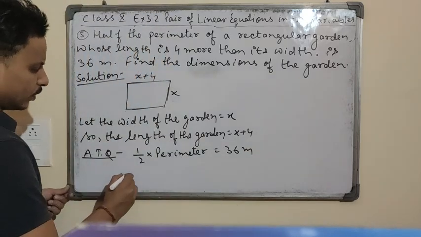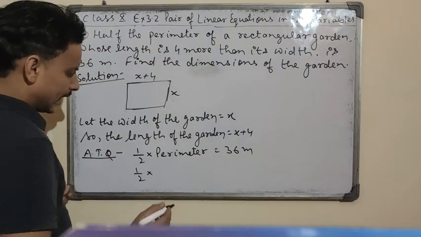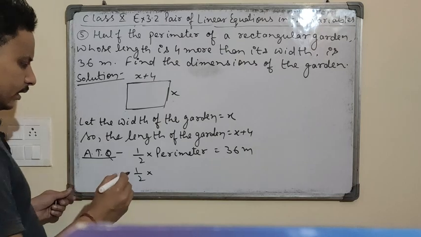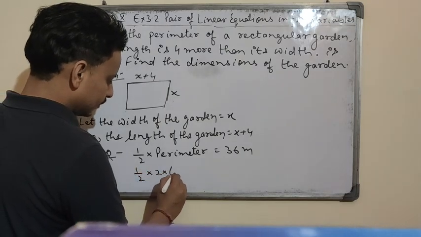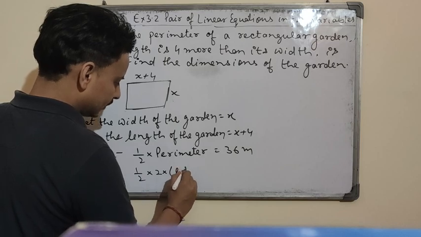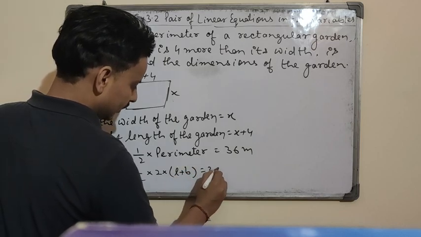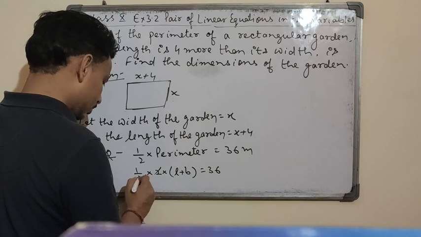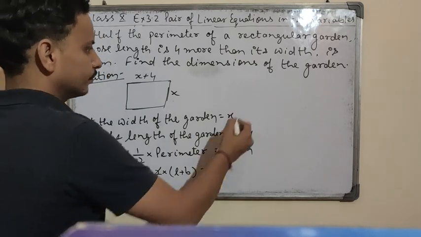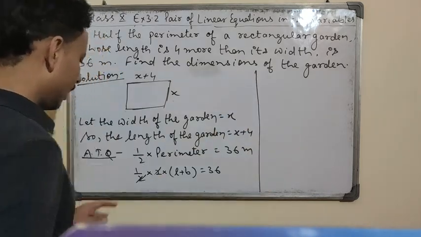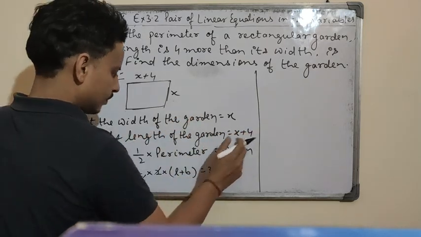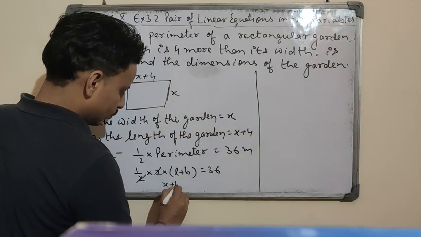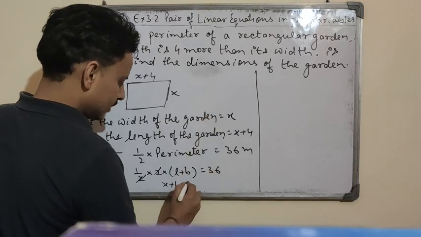The perimeter of the garden will be 2 into length plus breadth, so half of it is length plus breadth equal to 36; the 2 cancels out. So L plus B. What is L? Length is x plus 4. What is breadth? Breadth is x.